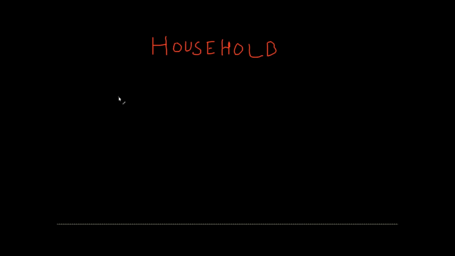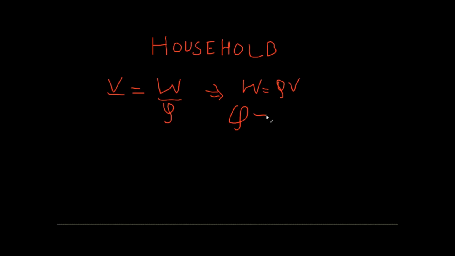So guys, as I already told you in the last tutorial, V is equal to W upon Q, and this way we have that W equals QV, or Q times V. But we also know that Q equals IT, from I is equal to Q by T, if you remember.